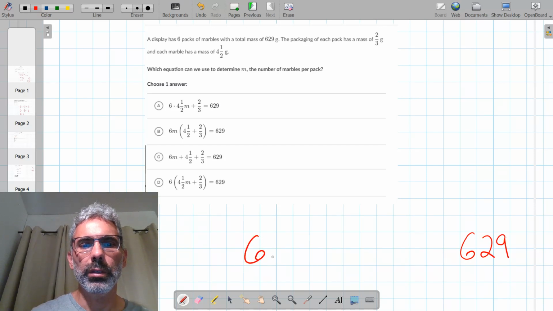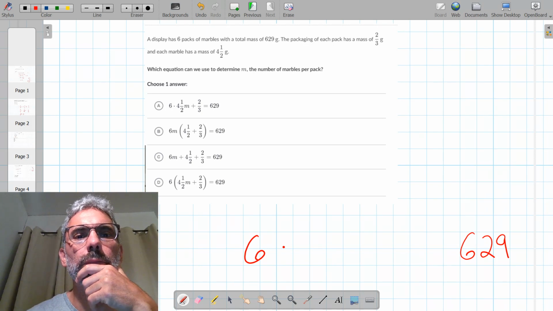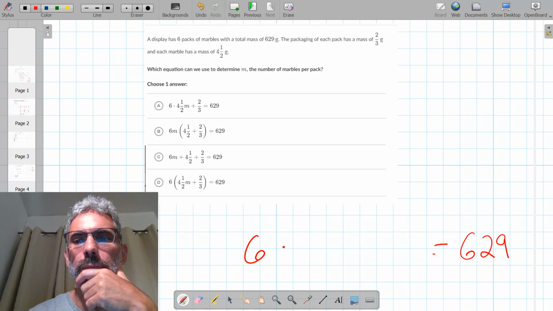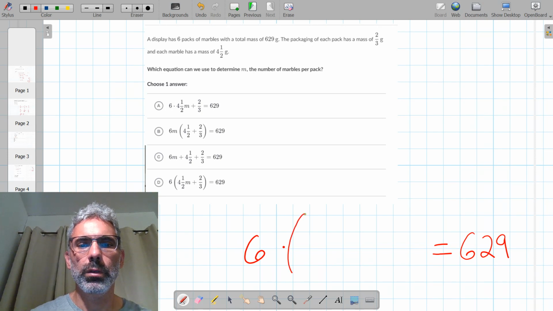So 6 times 6 times what? Okay, so the packaging of each pack has a mass of 2/3 of a gram.